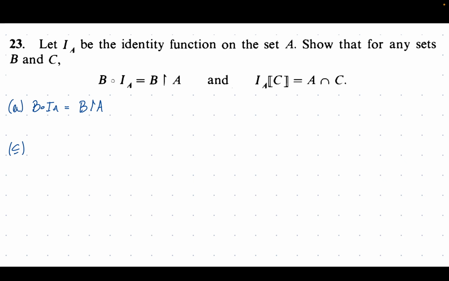These are just the usual proofs. So let's suppose UV is in the composition of B with IA.